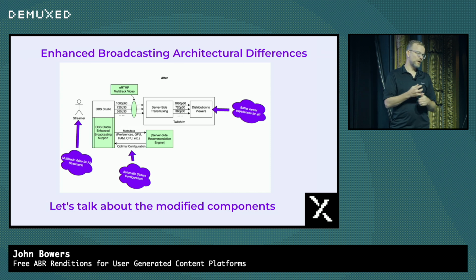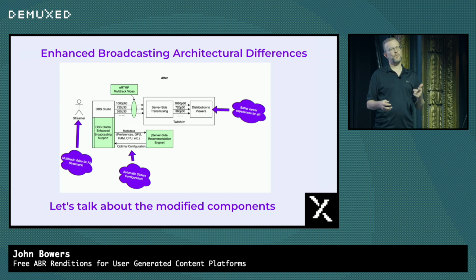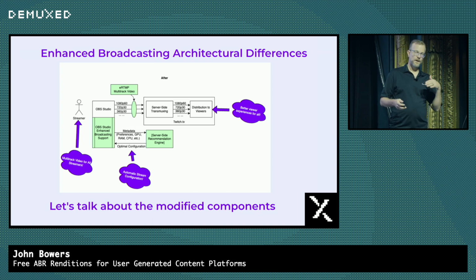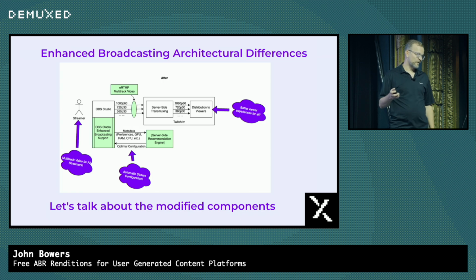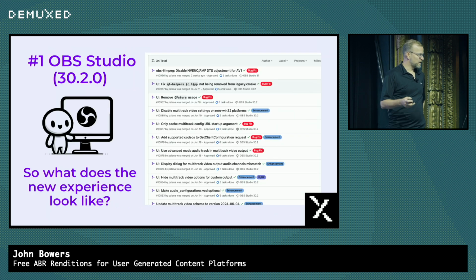The configuration of the encoders has to change, and the delivery protocol is going to have to change. But if we do all this, you'll notice that there's no more encoding cluster. What you have instead is just basically server-side transmuxing, which is at least an order of magnitude less complex and costly. So let's talk about each of these things briefly.